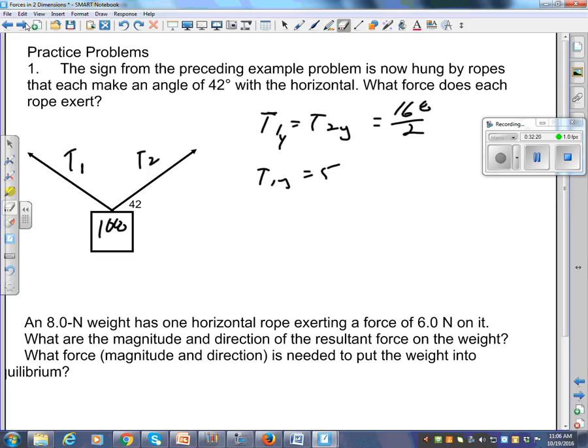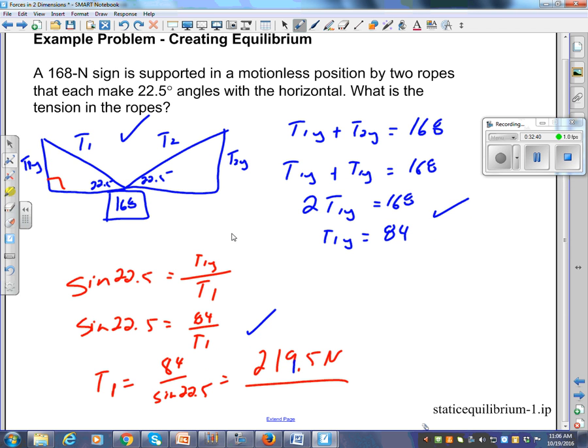Okay? So I'm going to take the 168, I'm going to divide by 2, right? So my T1y, just like before, is now 84. Exact same thing as this. The only thing that's changed is the angle.